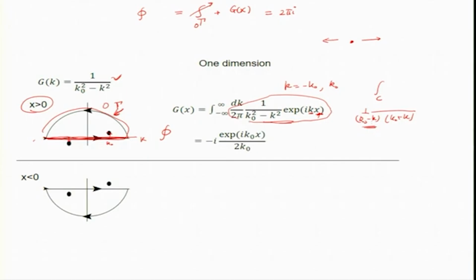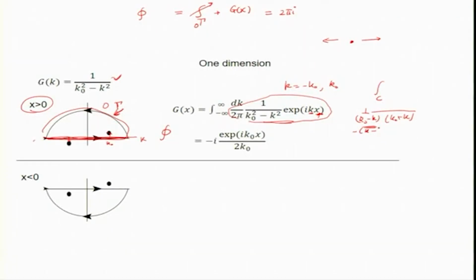But it is k naught minus k, so I need to flip it, remember it is z minus z naught. So, I need to put a minus sign and write k minus k naught, k plus k naught. Okay. So, the pole contribution will come from here. There is a minus sign, you pull it out, and then the value of the function at k equal to k naught.